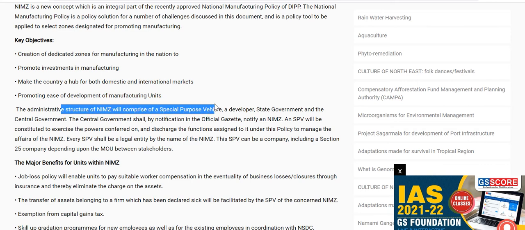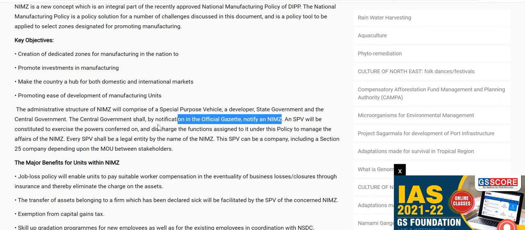The structure would have a special purpose vehicle, a developer, state government, and central government. The central government will notify it in the Gazette. An SPV is a dedicated body created for only a particular purpose.